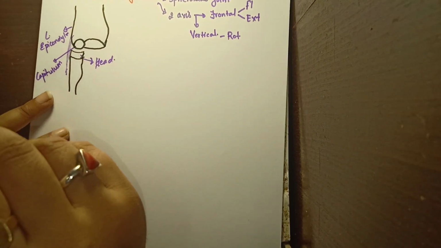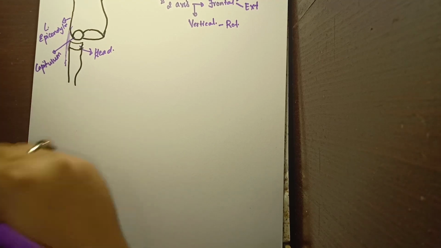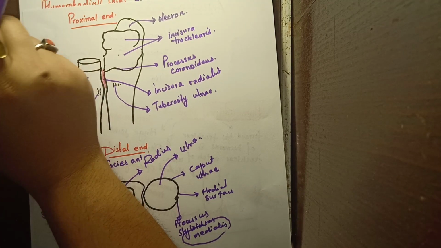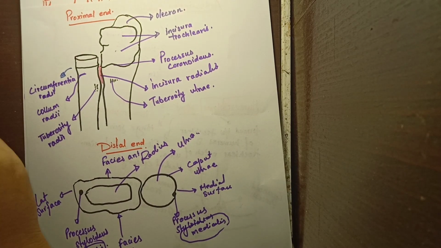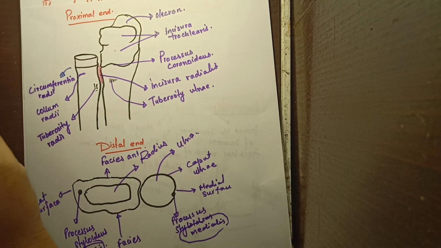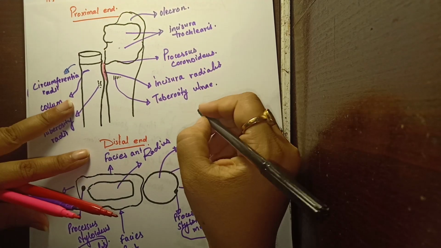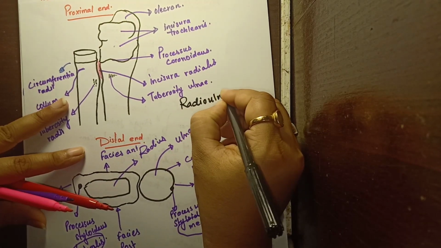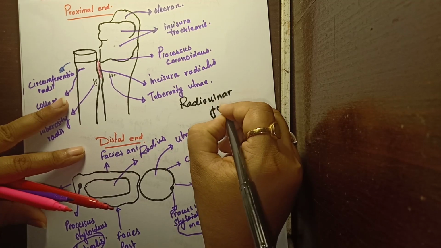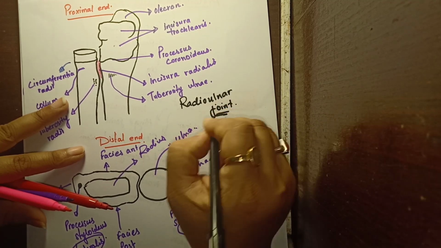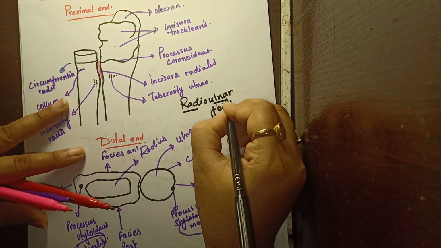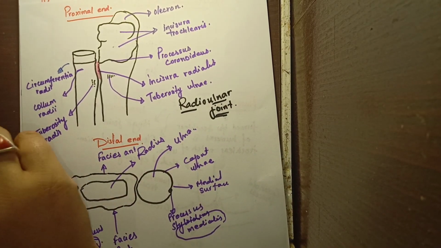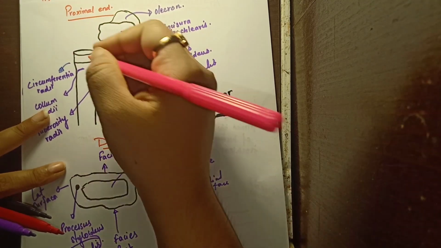Okay, now the third and last joint that I already showed you is the radio-ulnar joint. We will split it into radius and ulna. So this joint is formed here.